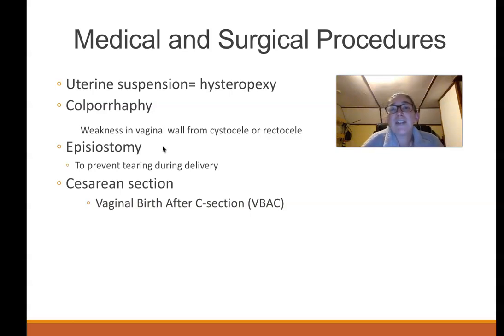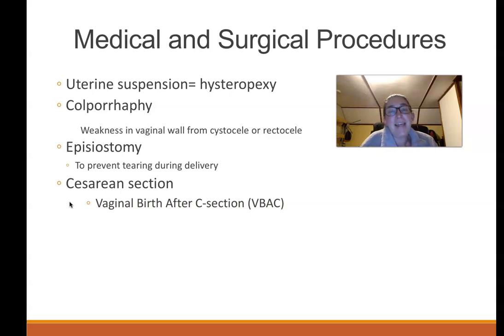It used to be thought that that was the best way, to make an incision rather than to let the woman tear. But research is actually starting to show that it's better for the woman to tear than to do an episiotomy, that episiotomies actually can lead to more complications. So, less common now.